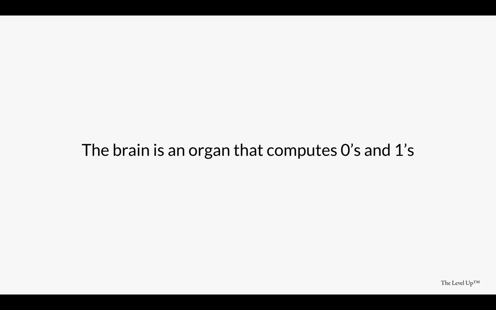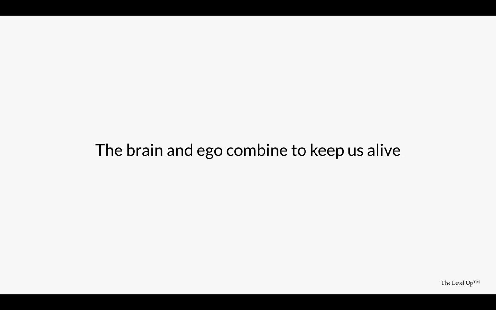It's looking to survive. And understand that the brain and the ego combine to keep us alive, right? So you can now imagine that we have this organ in ourself that just keeps us up, keeps us alert, keeps us doing what we do. And then we have this part of our consciousness, i.e., the ego, that combines with the brain to keep us alive, keep us identifying with reality.